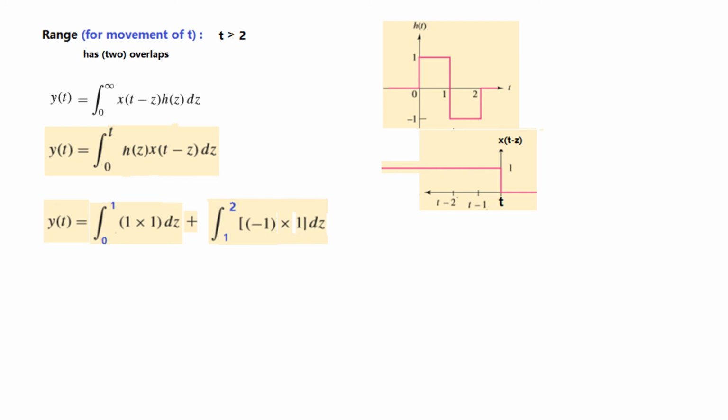And the third part, from 2 to t, is 0, so there is no point in writing that, there is no overlap. So these are the limits, and if you solve this, further solving will give 0.